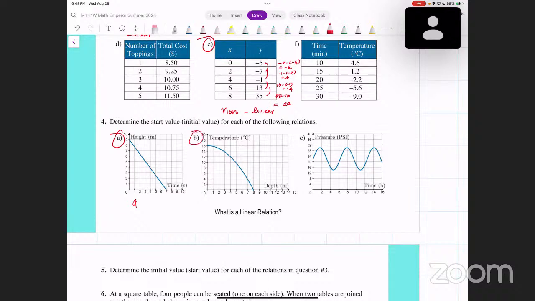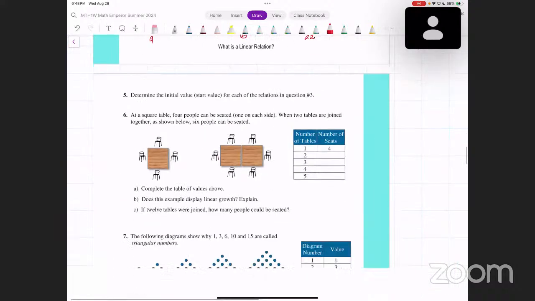I'm talking about B. So for the starting value, you should not look at the x value. You need to look at the y value. 16. All right, Akshaya, what is the starting value for curve C? 23. Well, I think that is going to be 22. But that's okay.